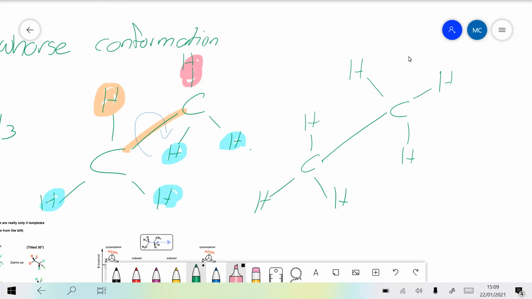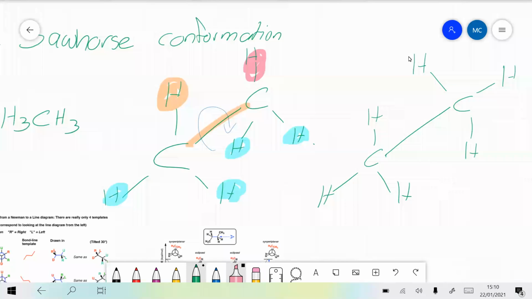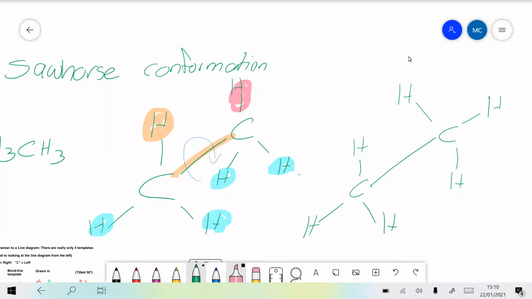And when you look from the front, you will be seeing all 6 hydrogens. So the hydrogens can either hide behind each other, or they can be opposite. They can be in between each other, okay? So they can either be behind like this, or it could be the case that there's nothing in front of it, and the hydrogen is in fact between the 2 opposite hydrogens.